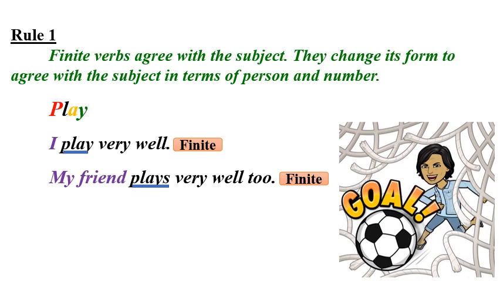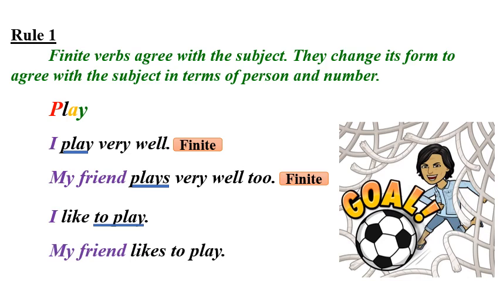But look at this sentence, I like to play. So I have used the same verb play in this sentence also. And again, as I did earlier, I am going to change the subject I. My friend likes to play. Notice here that even though I had changed the subject from I to my friend, the verb play doesn't change.